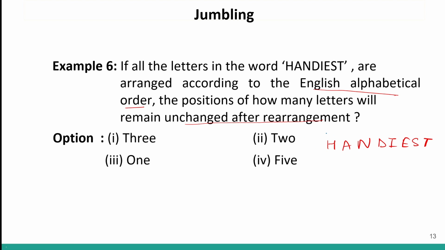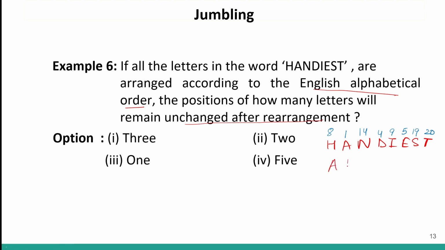H will be ranked at 8. This will be 1. Similarly, N will be ranked at 14. D is 4. I is 9. This is 5. This is 19. And T is 20.